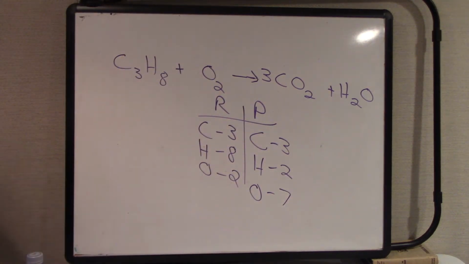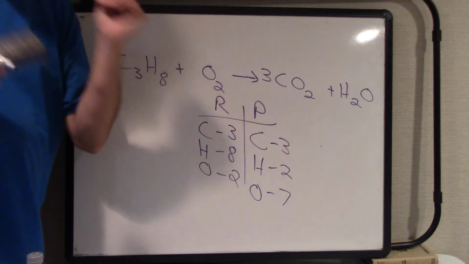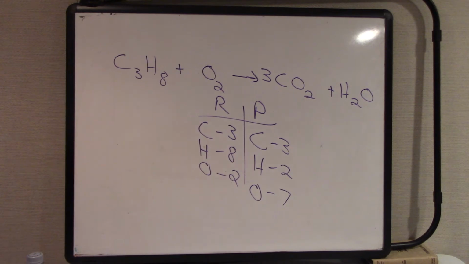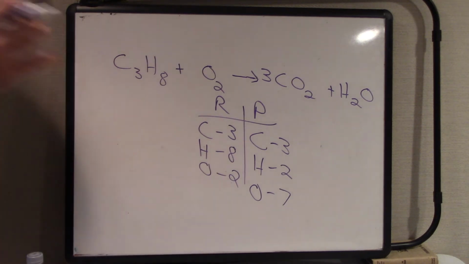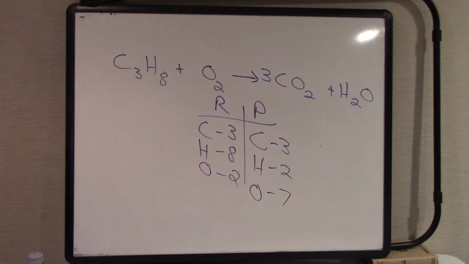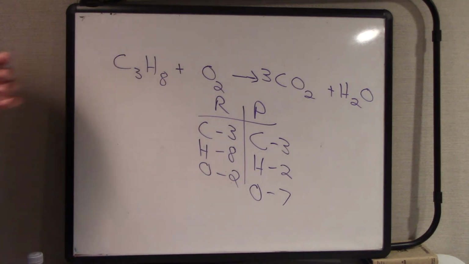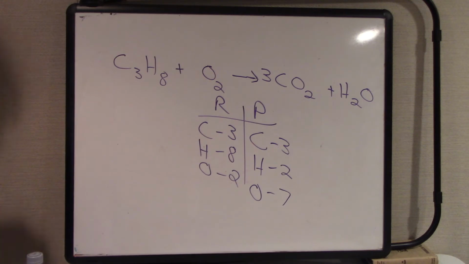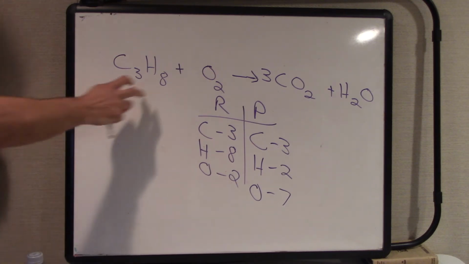Even though I'm not really focusing on the oxygens yet, I'm still adjusting my tally to reflect that. I'm still going to leave those alone for the time being because that appears in the most number of locations. Now I'm going to adjust the hydrogens, saving the oxygens till the end.